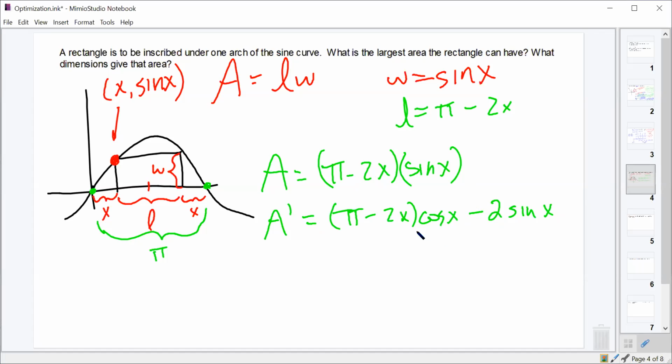And first off, is this thing ever undefined? Nope. So then we just need to set it equal to 0 and see what x value makes that 0. And we should be able to use our graphing calculator to figure that out. Should all have a graphing calculator, right?